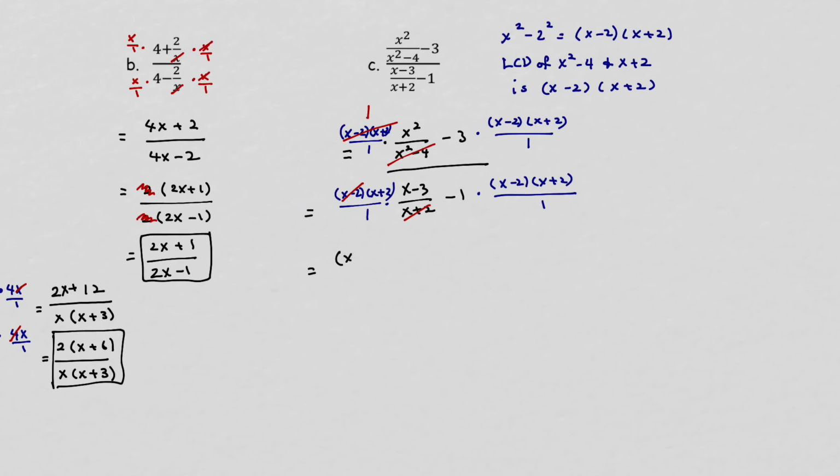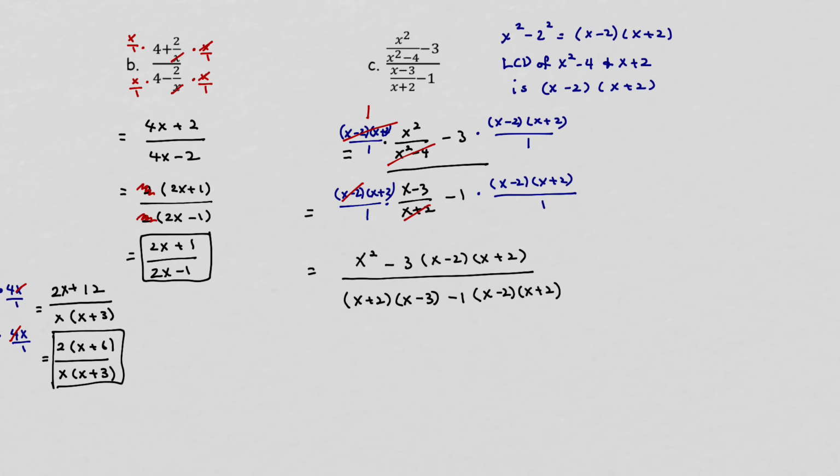Let me write the numerator first, right? So you will have x squared minus 3 times x minus 2 times x plus 2. The denominator will be x plus 2 times x minus 3, minus 1 times x minus 2 times x plus 2.